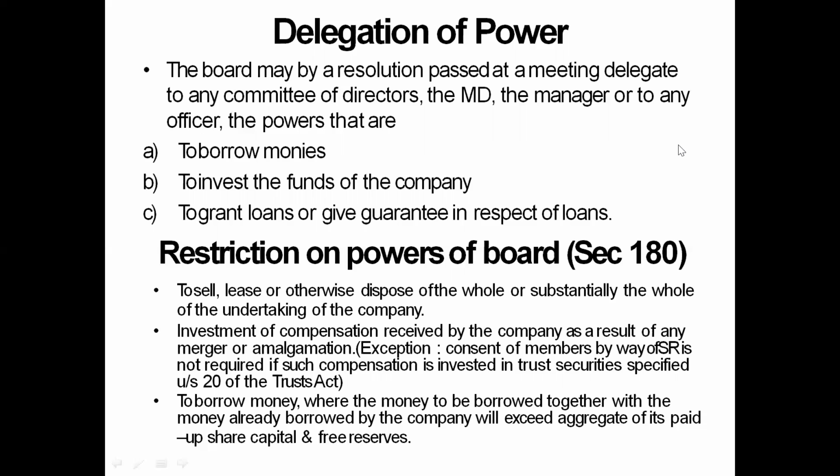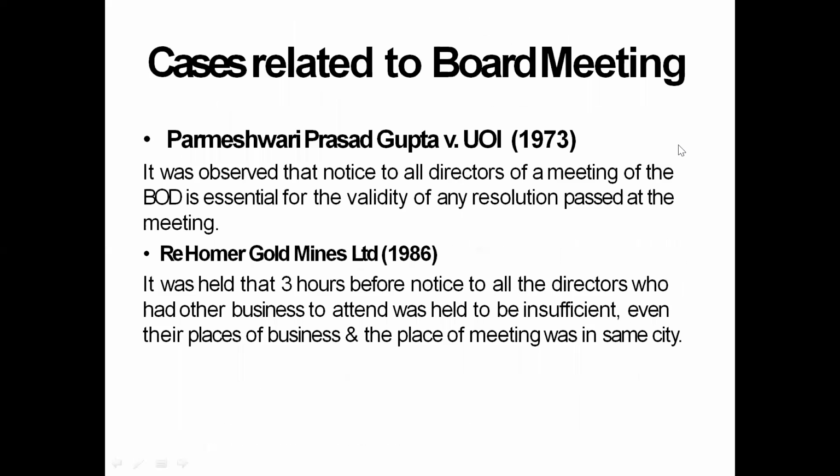The exception is that consent of members by way of SR is not required if such compensation is invested in trust securities specified under Section 20 of the Trust Act. Another restriction is to borrow money where the money to be borrowed, together with the money already borrowed by the company, will exceed the aggregate of its paid up share capital and free reserves.